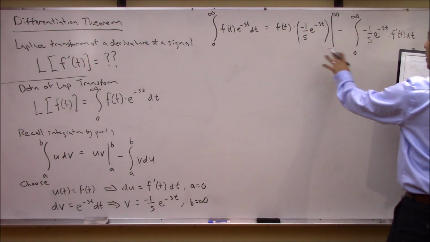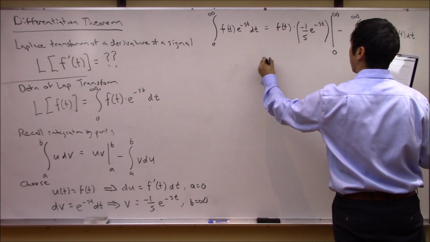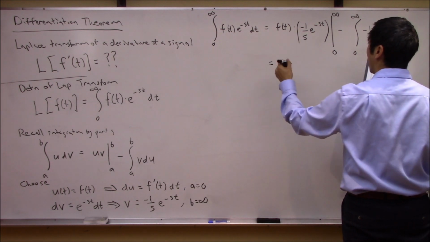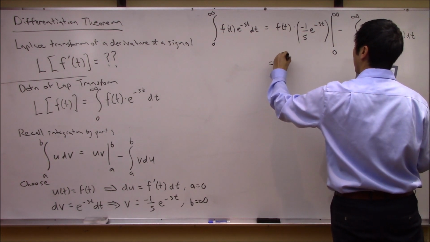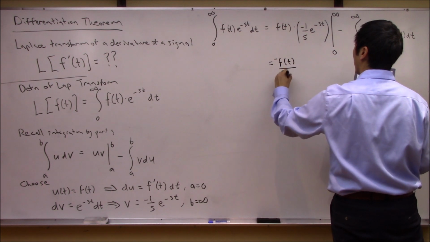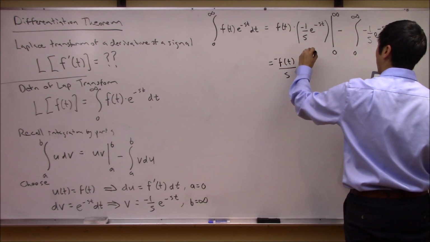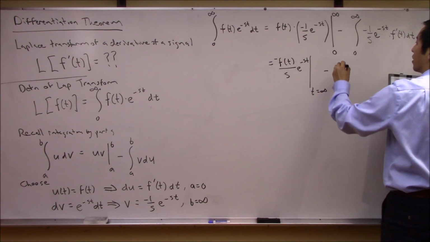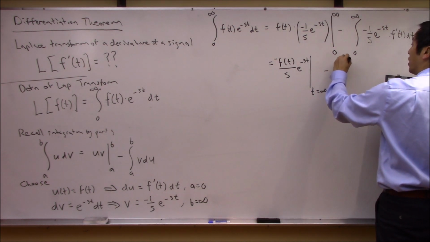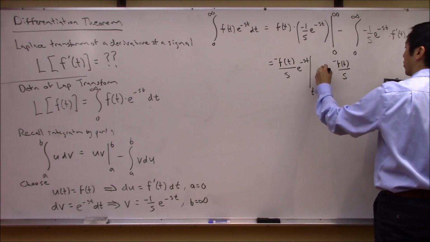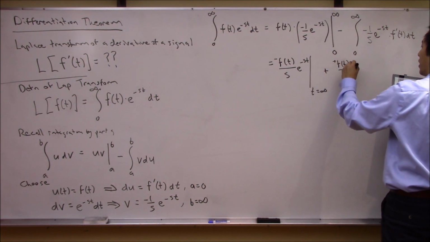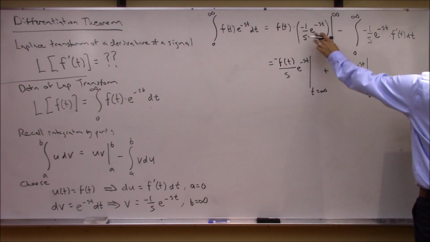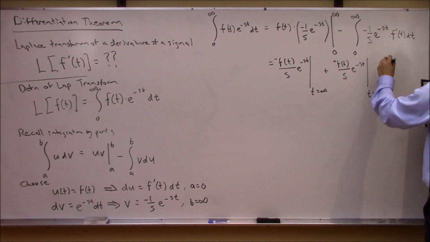Let's simplify this a little bit. We can write this out in two parts. So this is minus f of t over s e to the minus st, evaluated at t equals infinity, minus, and with the extra minus sign let's make this a plus, f of t over s e to the minus st evaluated at t equals 0. That's the first part, minus this integral here.